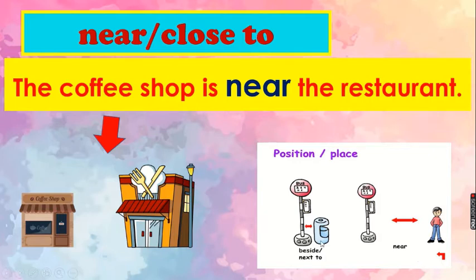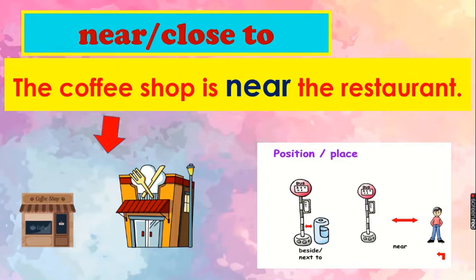So if it's very, very close, it's right next to each other, we can say beside or next to or by. But if there's quite a distance between the two things, we can say near instead of saying beside. Alright? Near. It means it's not far.